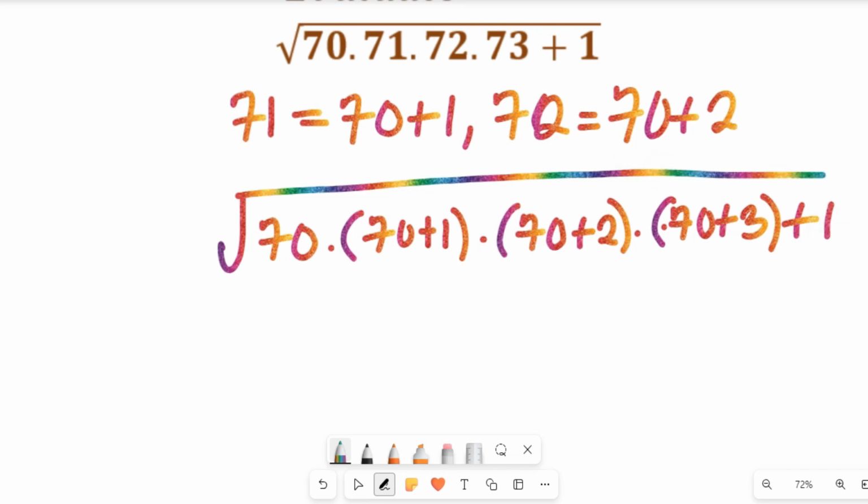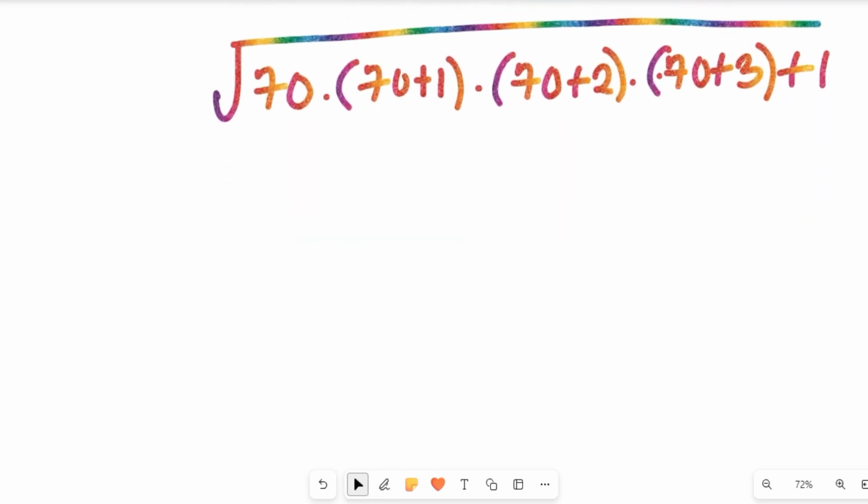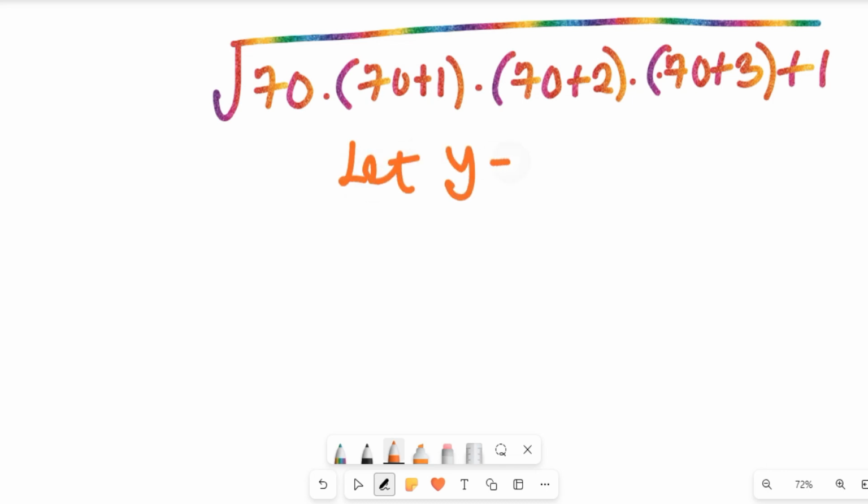Great. Now if you see that, that is exactly what that expression will give us. Now for us to simplify, let us assume that y is equal to 70. This will make simplification very easy.